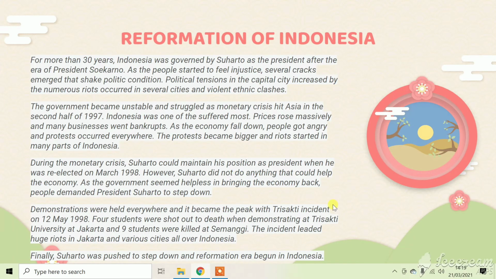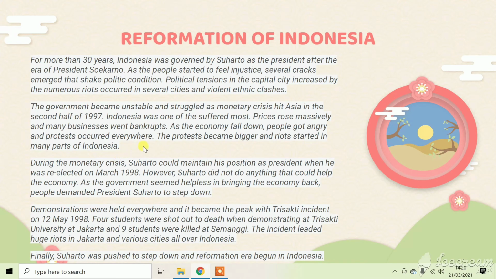And also, we have to use connective, time connective, like here, during the monetary crisis. During here, it is a kind of connective to give the information to the next sentence here. Suharto could maintain his position as president when he was re-elected on March 1998. It is a kind of time connective.